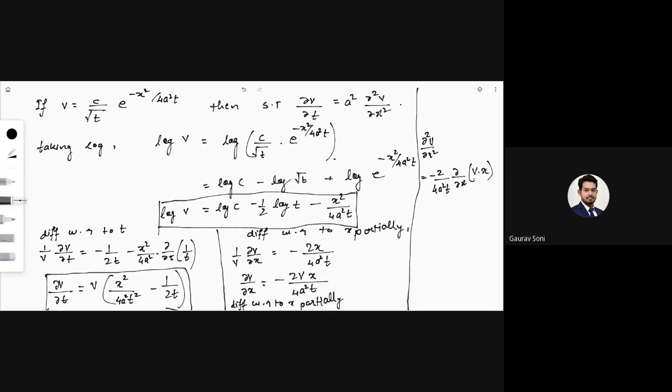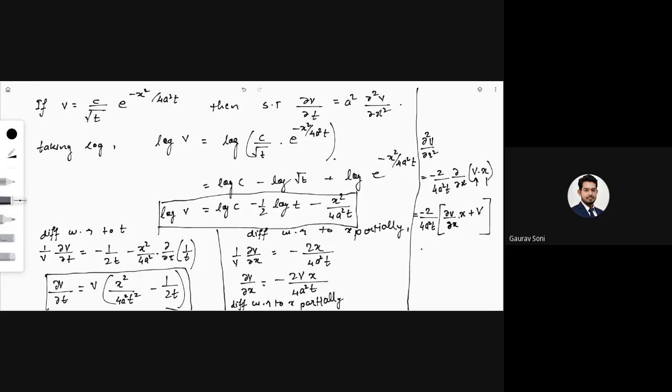So I can see that v is a function of x as well as there is x, so I will have to apply the product rule here. Minus 2 upon 4 a square t in bracket, partial derivative of v with respect to x into x plus v. This is by product rule.